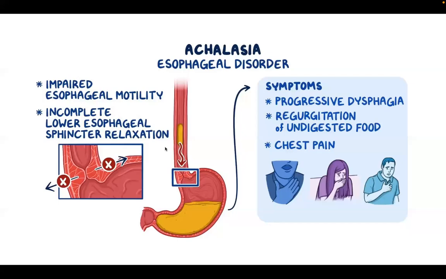It's going to present with regurgitation and chest pain. The Zenker's diverticulum, let me just mention this. The esophageal diverticulum usually presents with the same regurgitation, chest pain, dysphagia, but it also presents with bad breath.